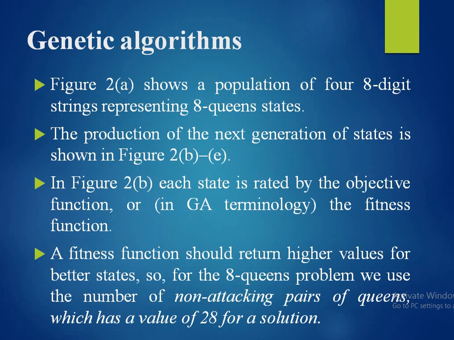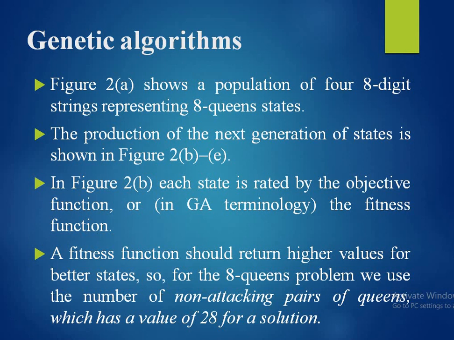Figure 2a shows the population of 4 8-digit strings representing 8-queen states. The production of the next generation of states is shown in figures 2b to 2e.